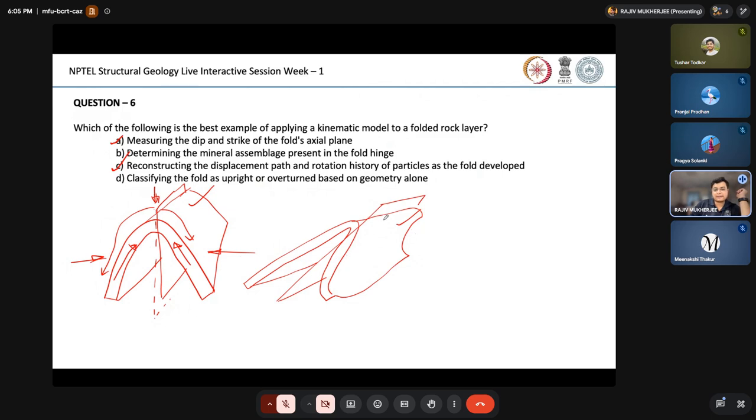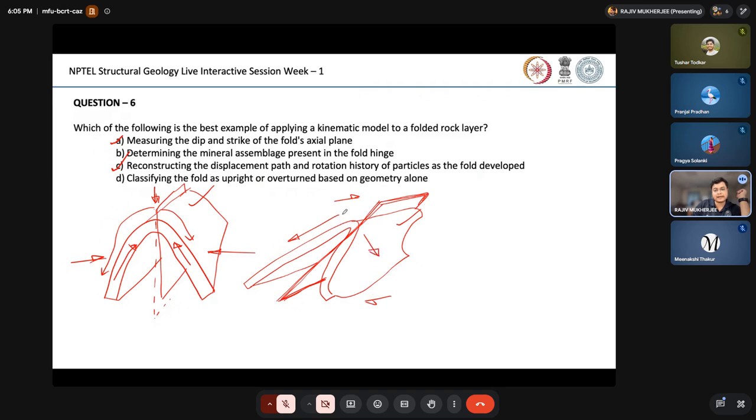And for this case also, if we know the distribution of the symmetry plane, which is actually the axial plane of the fold, based on this we can say there is a sense of shear like this, and that's why particles have flown like this and like this.